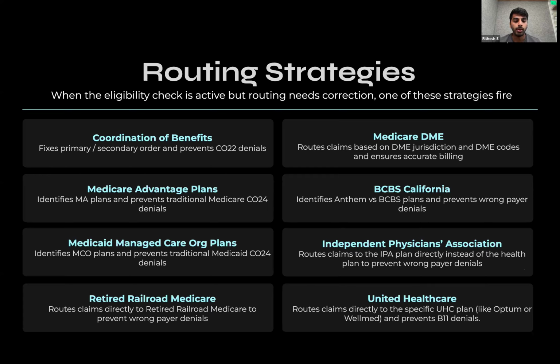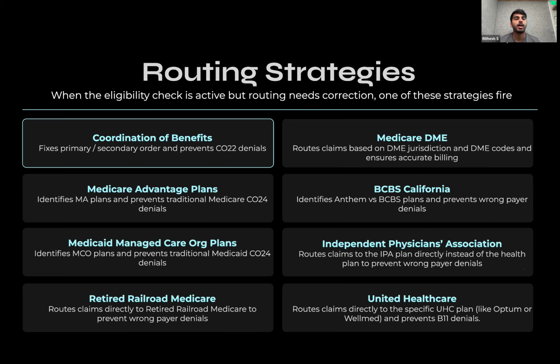So when we see that an eligibility check is active, we run it through a bunch of different, think of these as sub-strategies. These are scenarios where we are looking for particular signals in the eligibility check that can prove to us that this is the right place to send the claim, or these are the right details to send on the claim. Our first strategy is coordination of benefits.